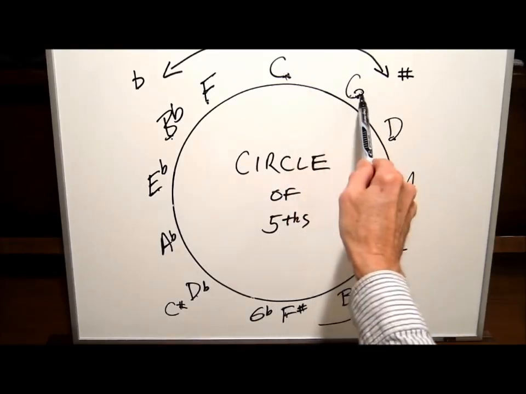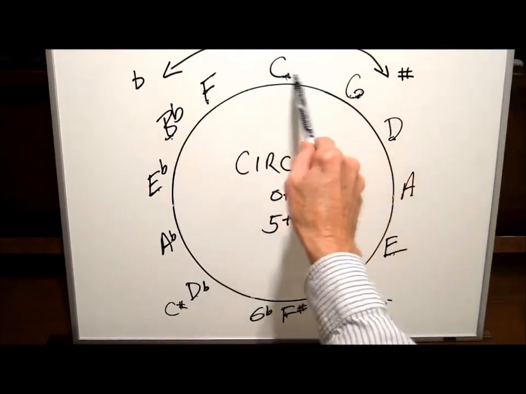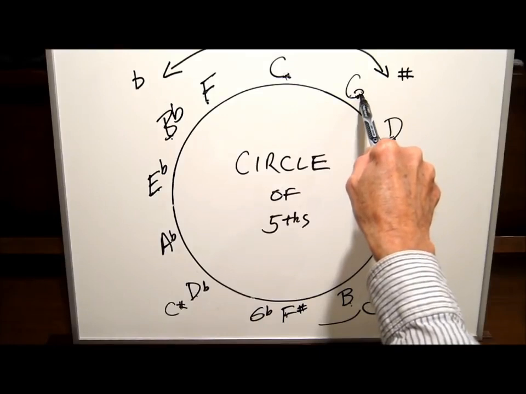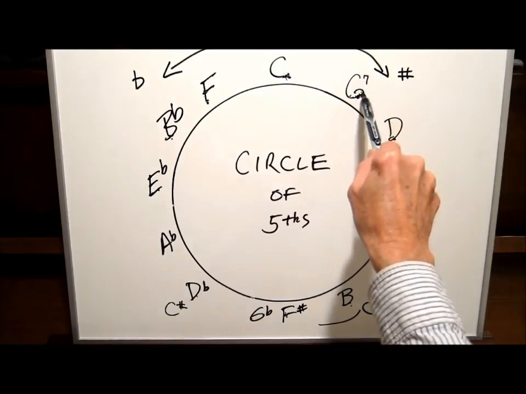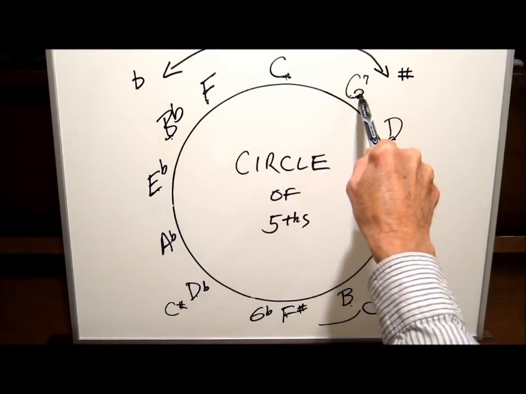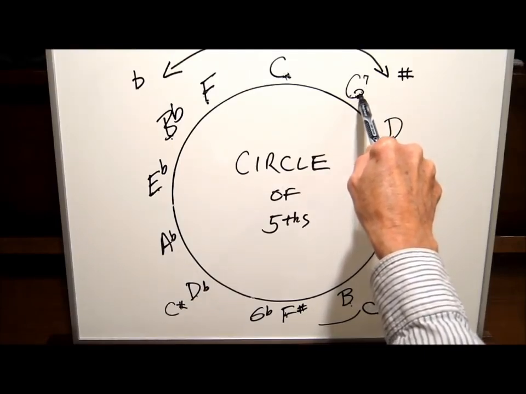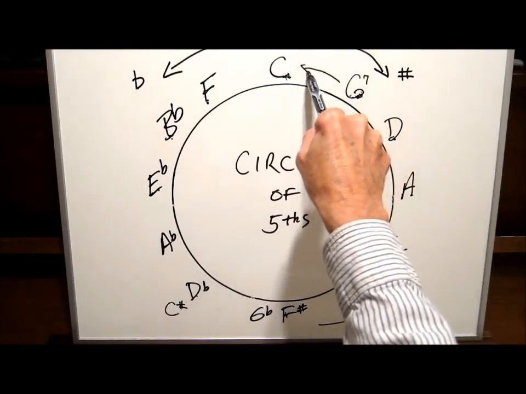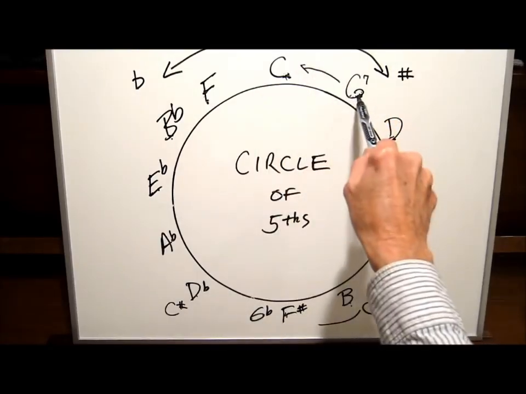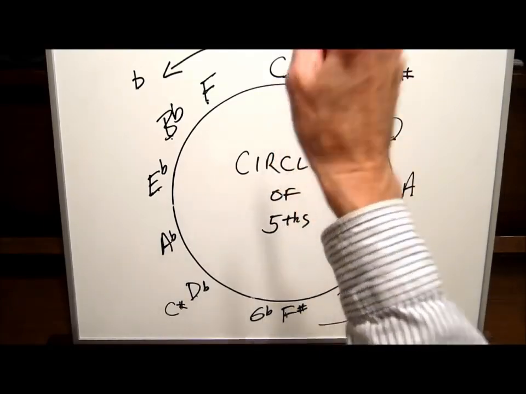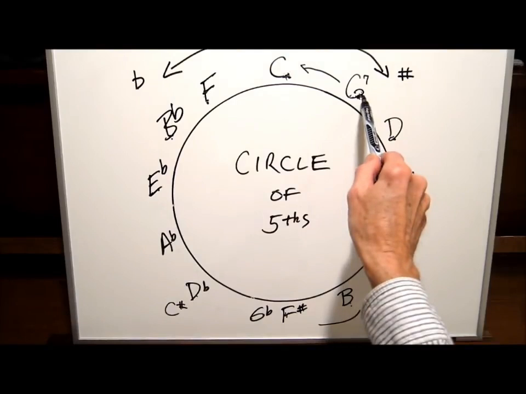This becomes the 5th step of C in the scale. And if we define it in terms of a chord, it becomes a G7 or G dominant 7th. Now that G7 has the tritone in it that I talked about. That tritone is creating tension that wants to resolve to C. So that's what we need. We need to have tension resolution in order to have music. Otherwise it's floating around in outer space or something.